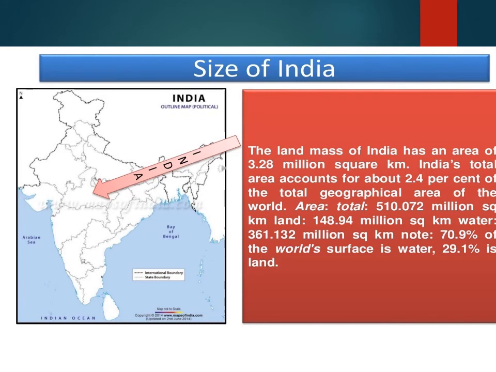That means a total of 510.072 million square kilometer, with 148.94 million square kilometer of it being water. So that is the total area of India.